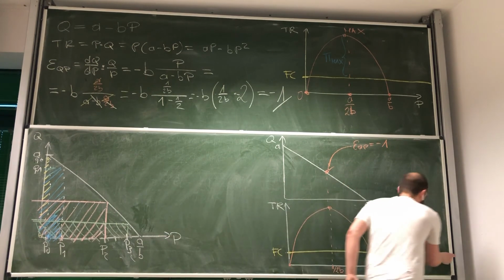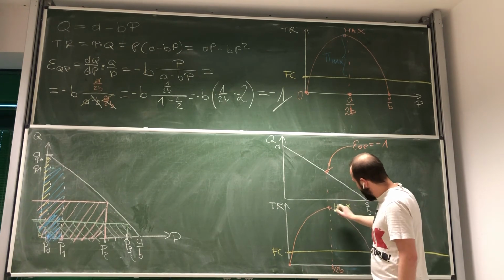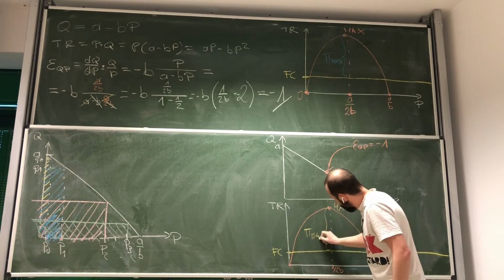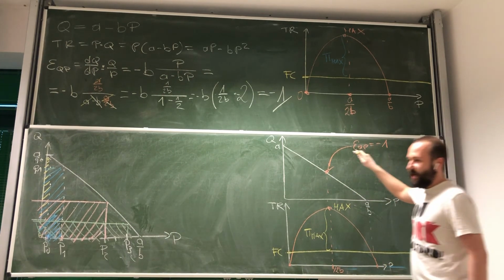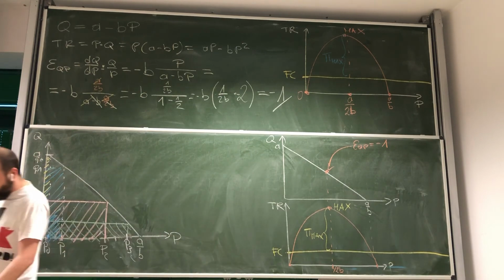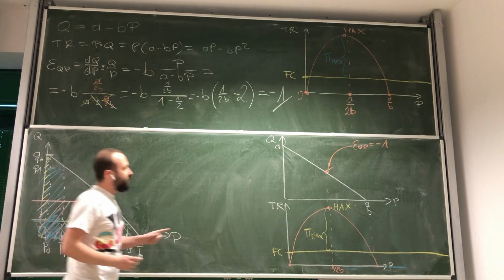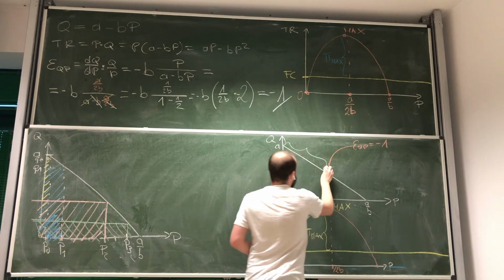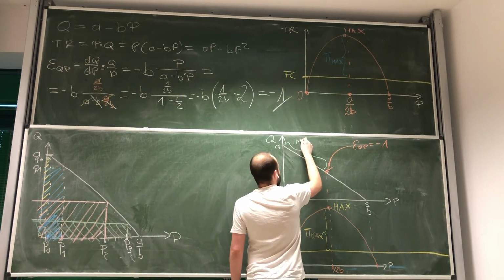So with fixed cost only, our maximum total revenue is also maximum profit. Now, what do we have over here? This part, blue and, okay, green, this part of the demand curve is called inelastic.